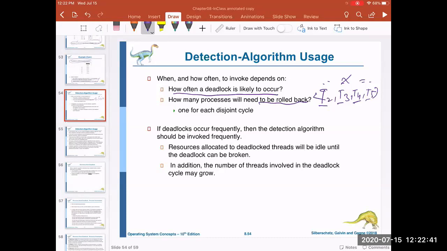So there are many things that we combine together to make a heuristic about terminating one process. These are heuristic algorithms that we implement to decide which should be chosen as a victim.